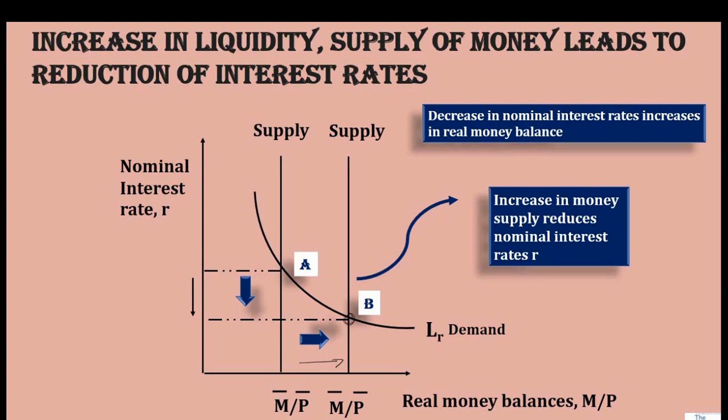It's supplied by the central bank. Now, when the rates come down, the opportunity cost of holding money decreases. So there's much more money within the system, and the demand for real money balances increases. From A, the new equilibrium point is B, and the nominal interest rates have gone down from point A to point B.